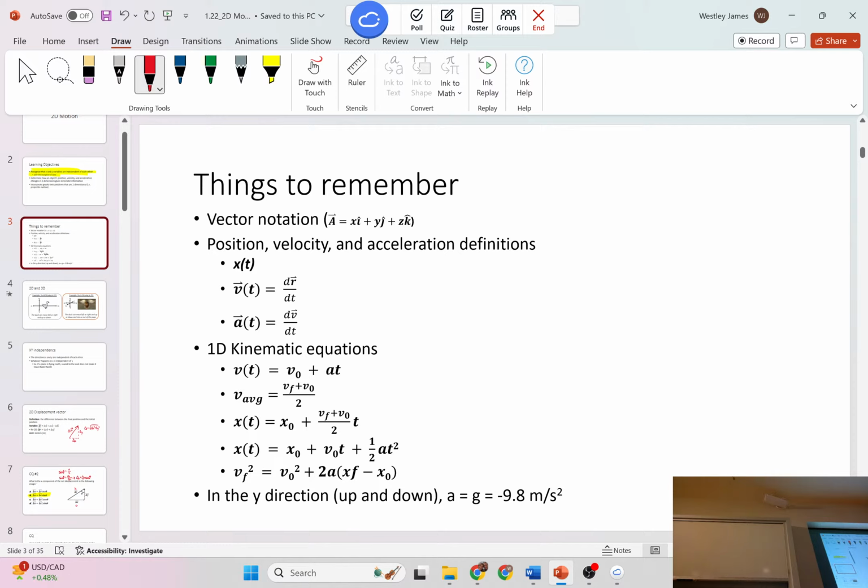Now, if you choose an equation and it doesn't have everything, you have a couple options. One, look for a different equation, or two, maybe you haven't identified all the givens. We talked about some examples. Remember, if something starts at rest, its initial velocity is 0. If it ends at rest, its final velocity is 0.